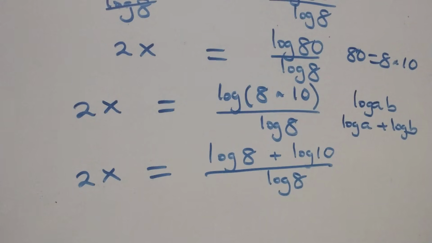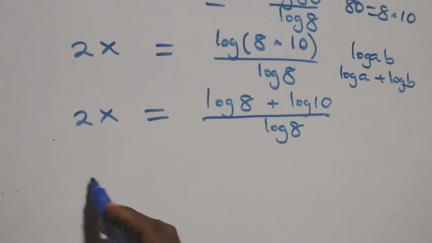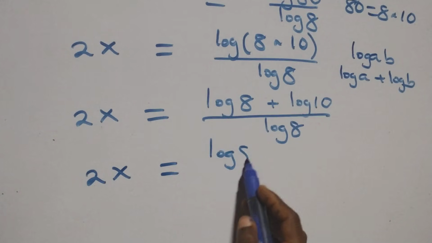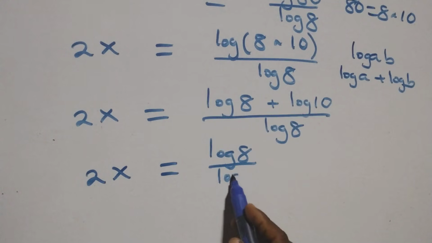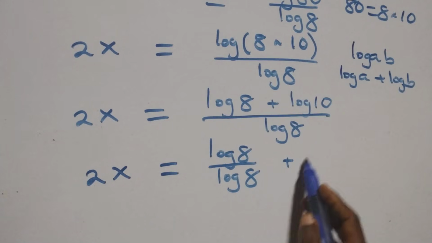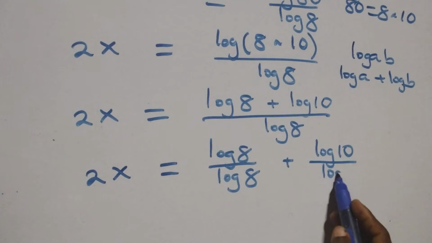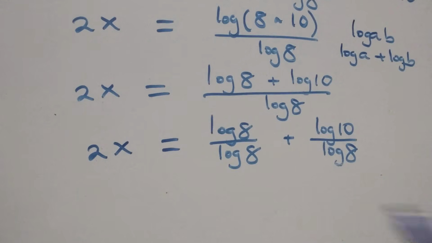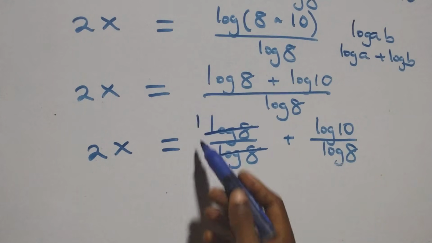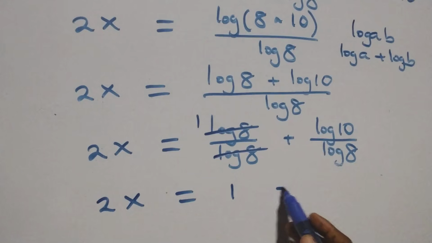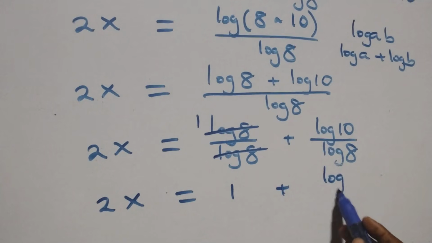Then separate this into two fractions: 2x equals log 8 over log 8 plus log 10 over log 8. Here log 8 cancels, one is left, which implies 2x equals 1 plus log 10 over log 8.